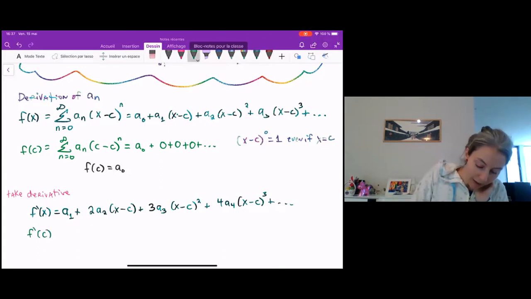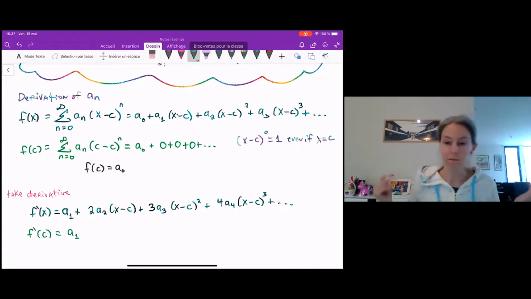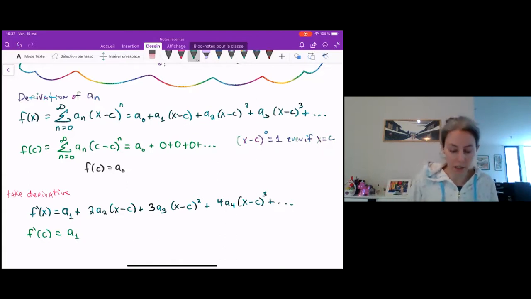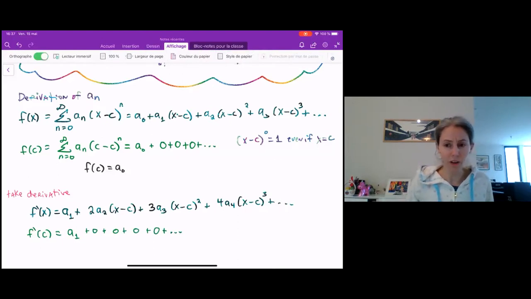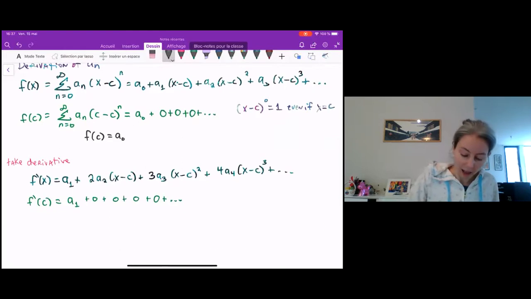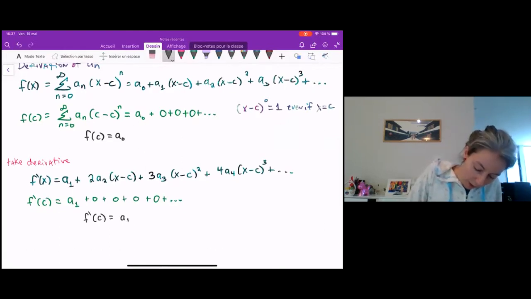Well, f prime of c will be equal to a1. Check it out, a1 plus every other thing right there is going to be 0. So that's plus 0, plus 0, plus 0, and so on and so forth forever. Okay, so actually now we just found a value for a1. So we can say then that f prime of c is equal to a1.